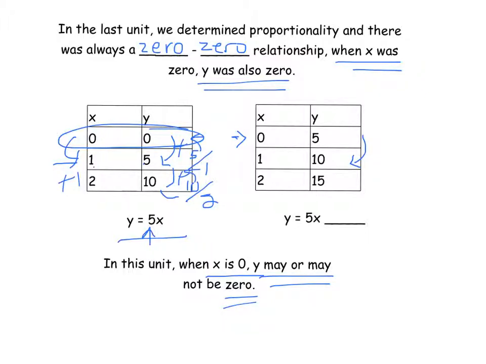I said plus 0, but it's plus 1. So we can still see that plus 5, plus 1, plus 1. But we didn't start at 0. We started at 5 in this case. So we had our original y equals 5x, but we're adding to that 5 because we started at 5.